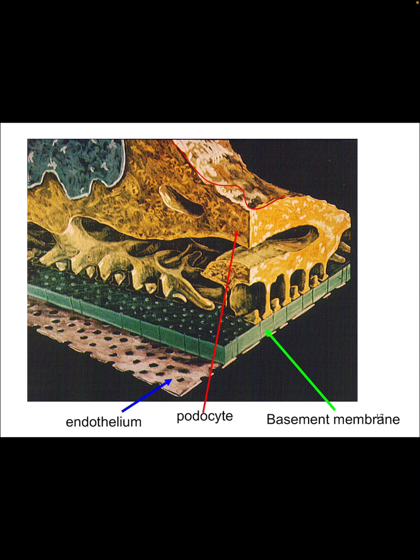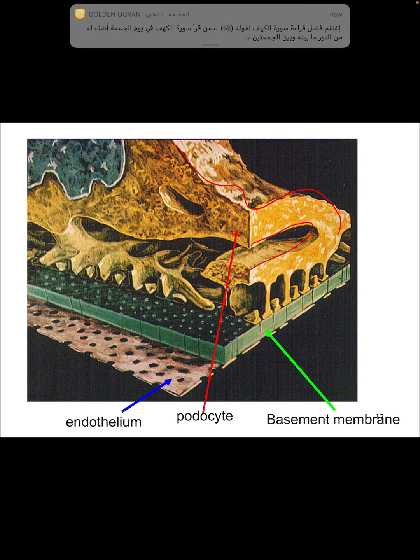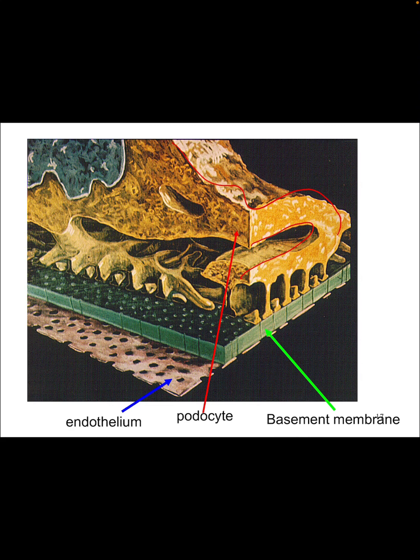So this one is the simple squamous epithelium. This is the primary processes, and this one we can see down there is the secondary, and the space is formed because of the interdigitation of the secondary processes, the pedicels, which we call the filtration slits.